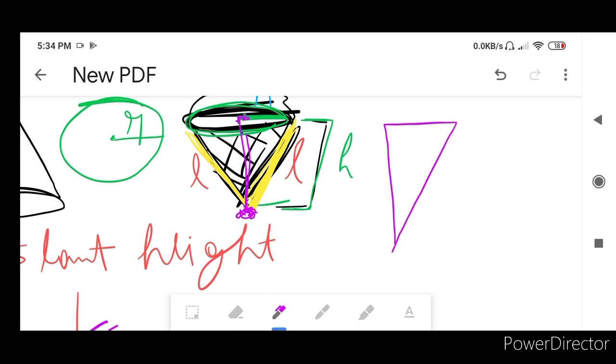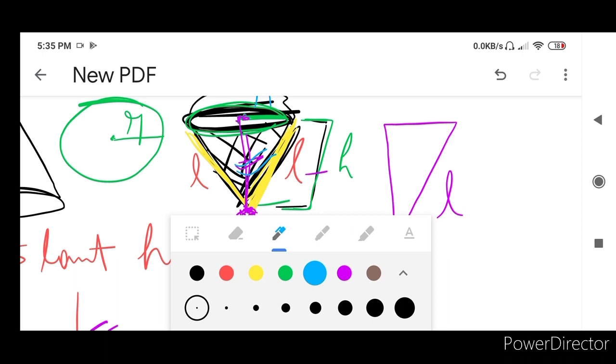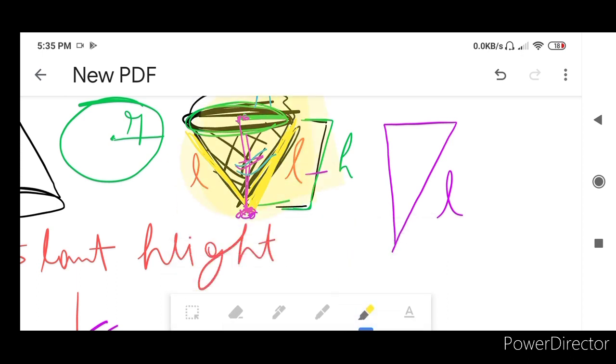Basically, as you will see, this is my L, and this is equal to this. This is H, and this will be R.